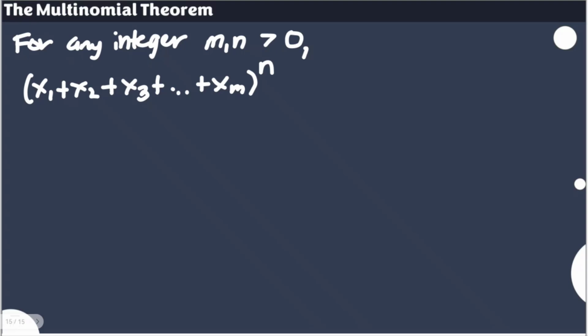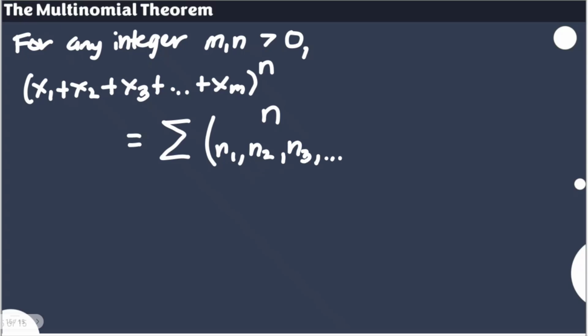This is equal to the expanded form, or let me write here at the bottom, equal to the summation of n, the original one, taken over the m-ary sequences, or in short, n sub 1, n sub 2, n sub 3, dot dot dot until n sub m. That's our combination.